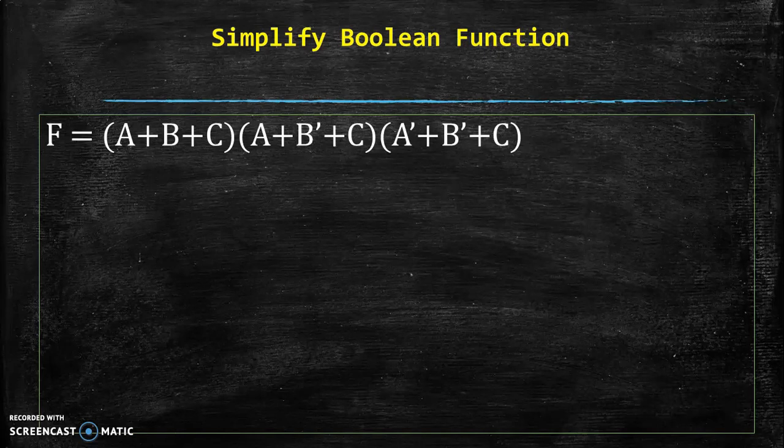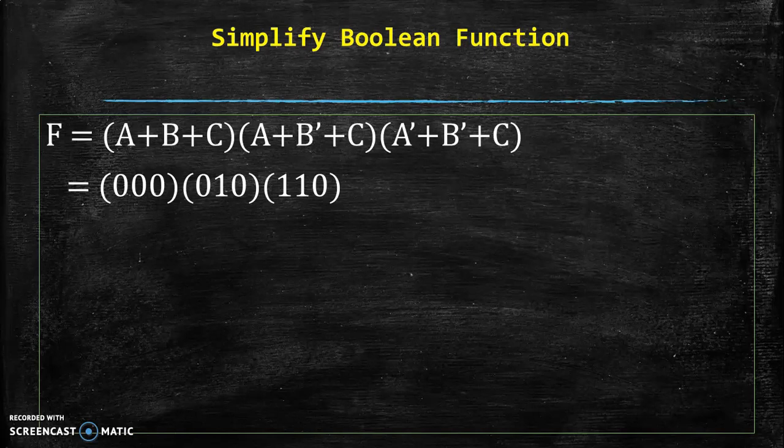So now we can write the equivalent binary number. We know that if it is complemented, we have to write 1. If it is not complemented, we have to write 0. So for A plus B plus C, we can write 0 0 0. A plus B bar plus C, so it is 0 1, 1 for B bar and again 0.